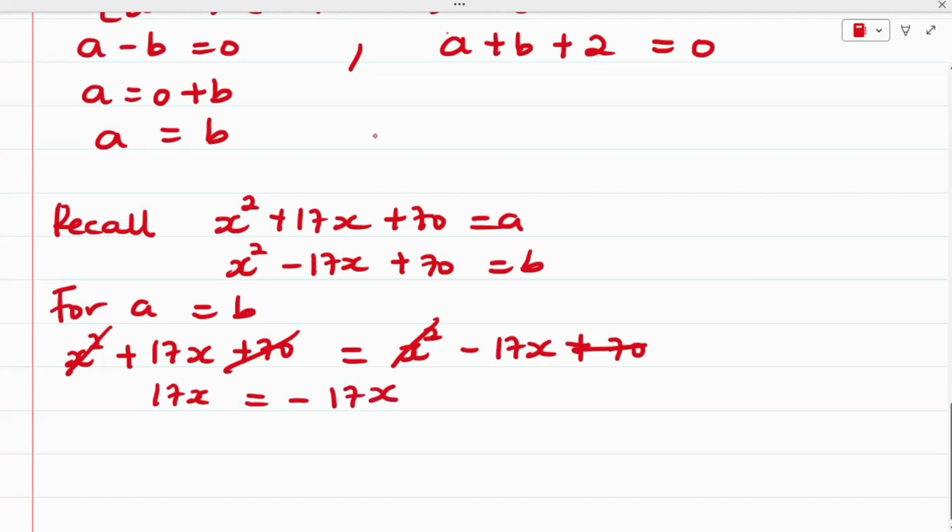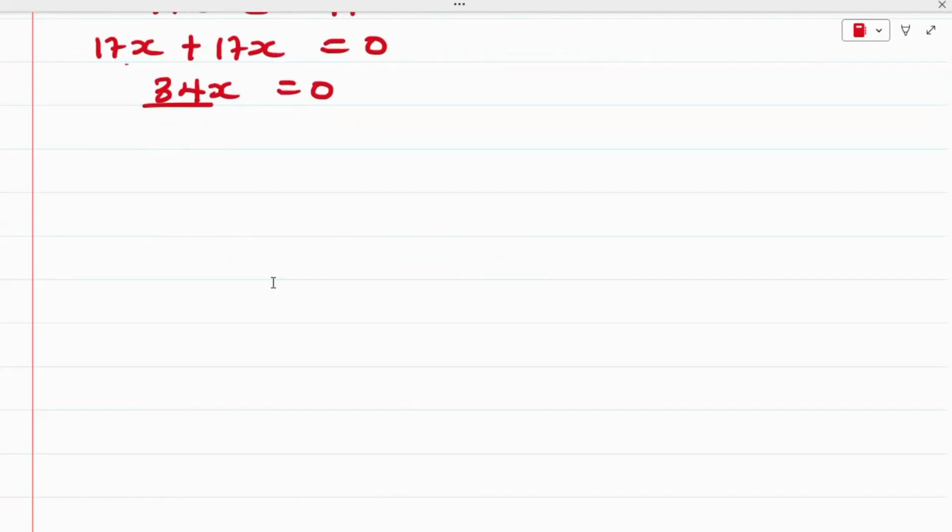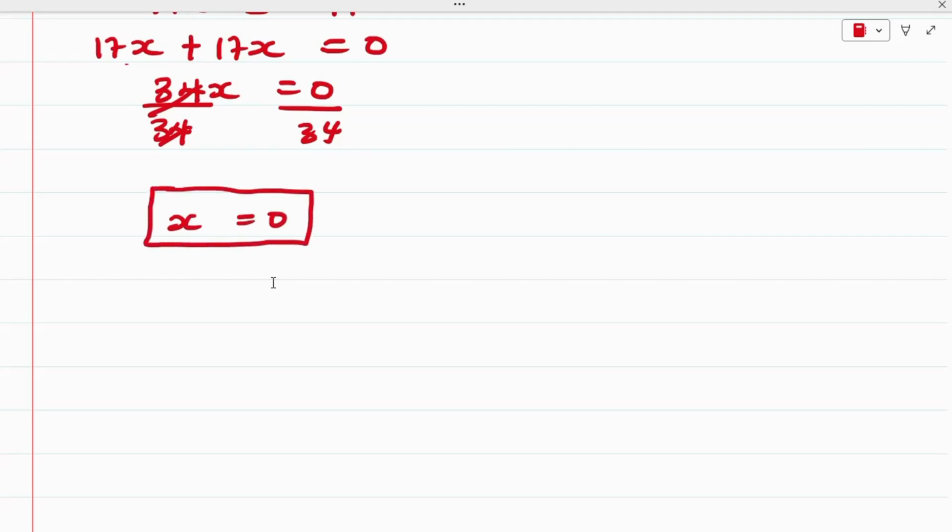Rearranging and setting to 0, we have 17x plus 17x is equal to 0, which gives us 34x equals 0. Divide both sides by 34, and we have x is equal to 0. Right here we have the first value for x.